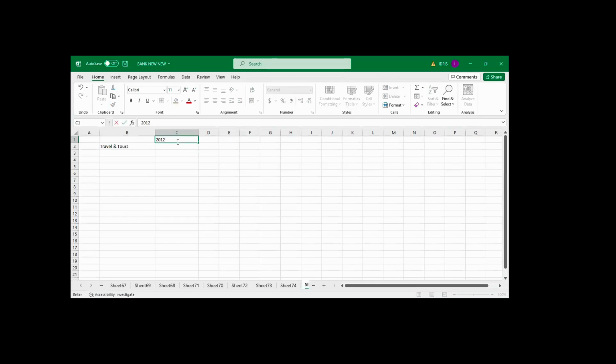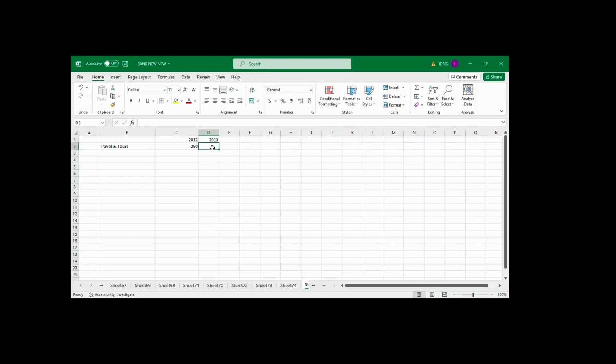How much is the travels and tour for 2012? The actual amount is 290. They now said for 2013, it's going to increase by what?